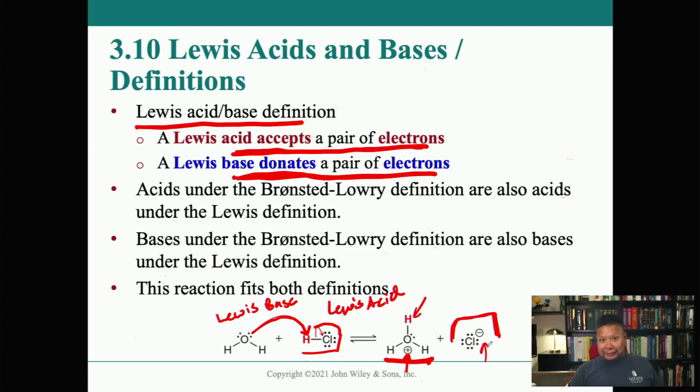There you go. So quite literally, Lewis acid-base theory can describe every reaction in chemistry. Because again, reactions in chemistry deal with electrons. Acid-base reactions are about protons, but every reaction, including acid-base reactions, involves the movement of electrons.